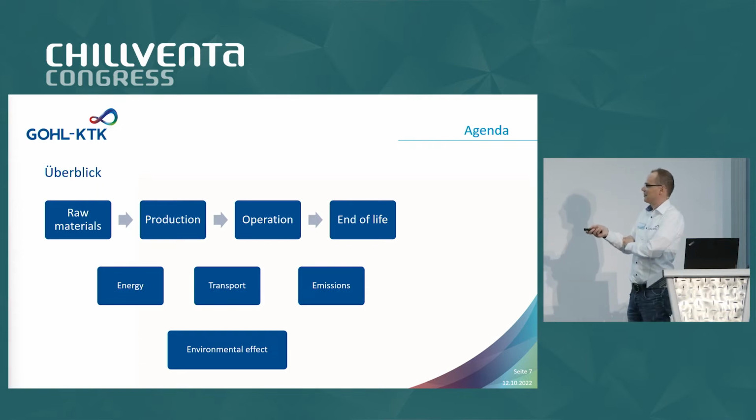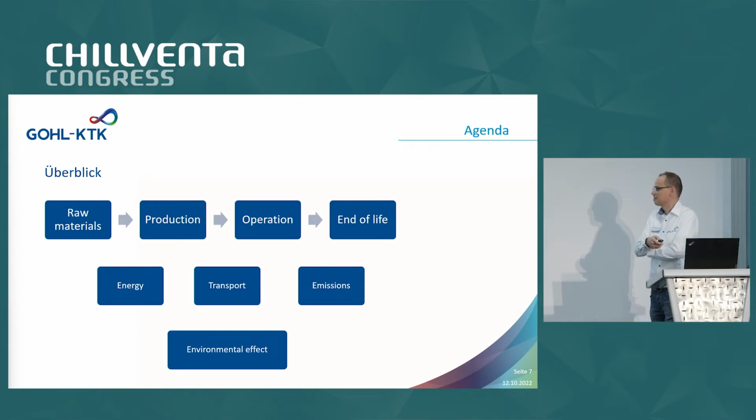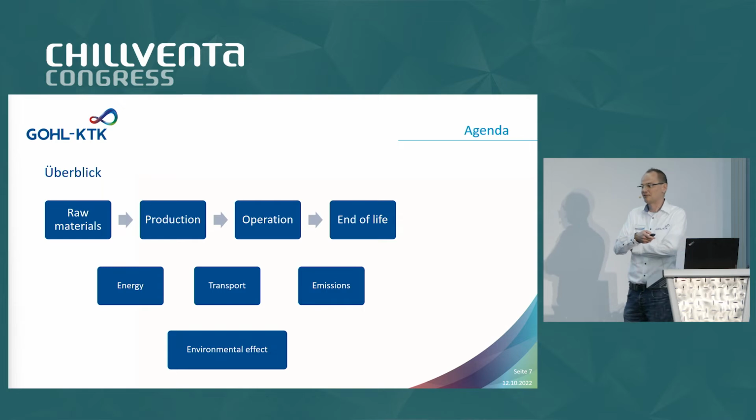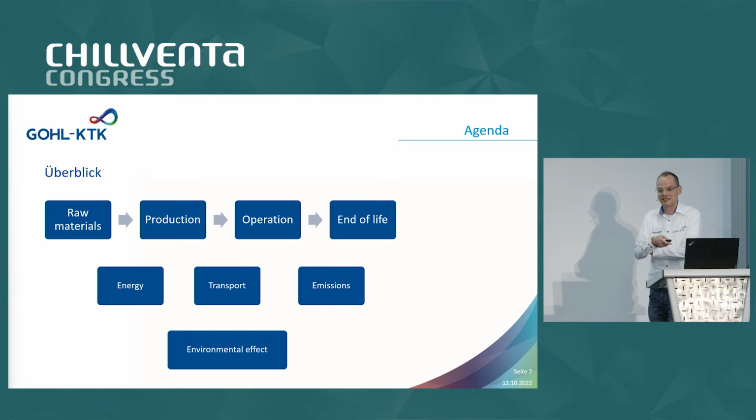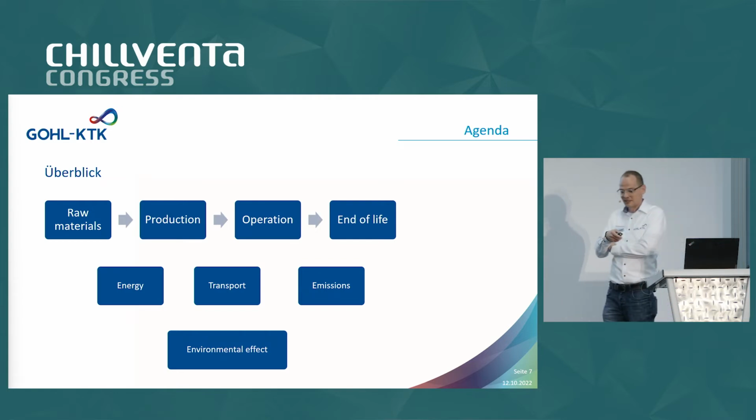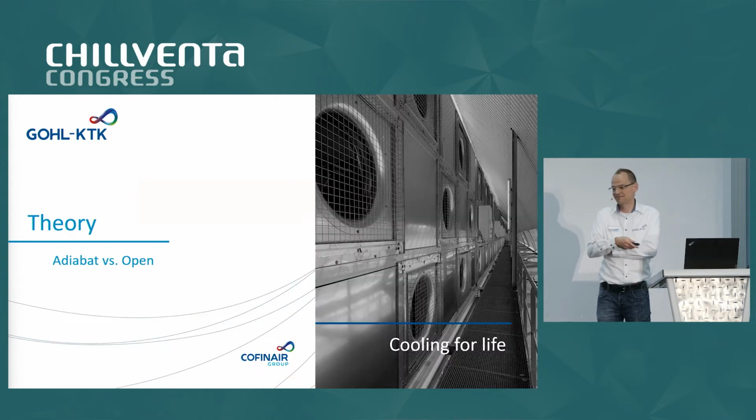And of course we have other points which contribute to the carbon footprint of the system as well. This is energy supply, transport of the units, transport of raw materials, etc., and of course other emissions which could probably occur, and in some cases also some environmental effects.